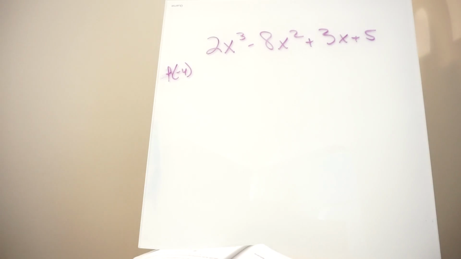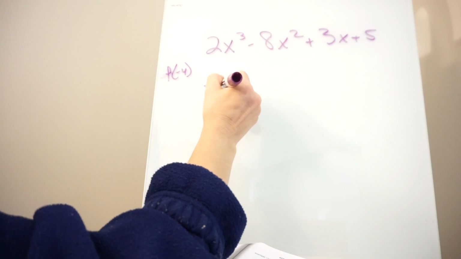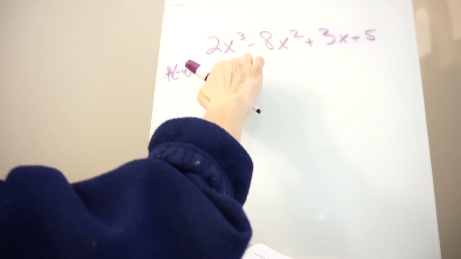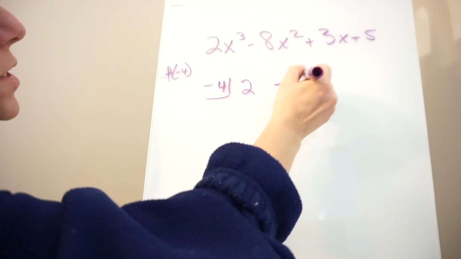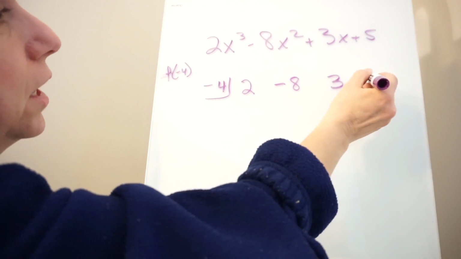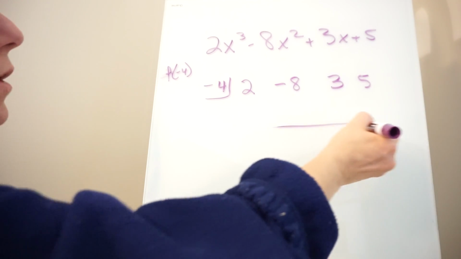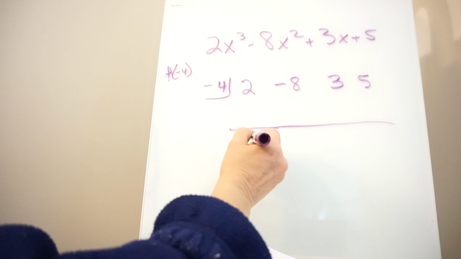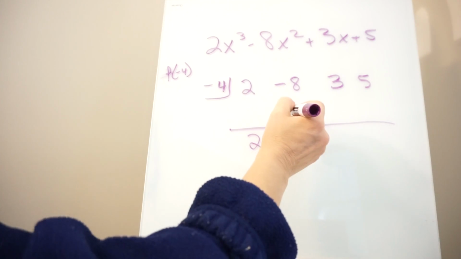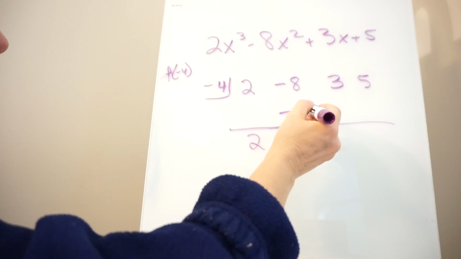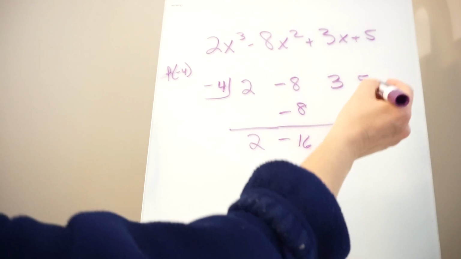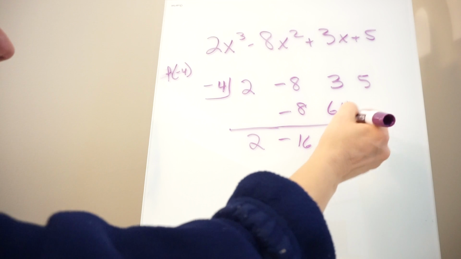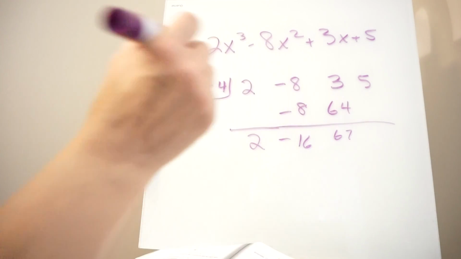Okay, so we're going to use synthetic division. Put the -4 here. We have an x cubed, an x squared, and an x, so we're not missing any terms. So again, we're just going to put in the coefficients, 2, -8, 3 and 5. Draw our line. Bring down the 2. Multiply and add. And multiply and add.